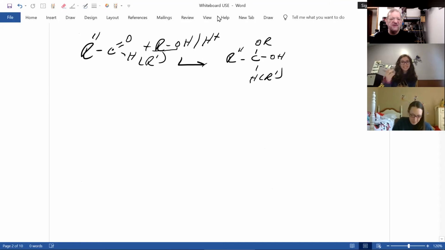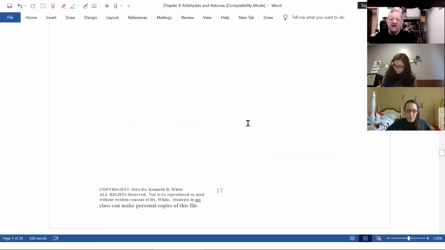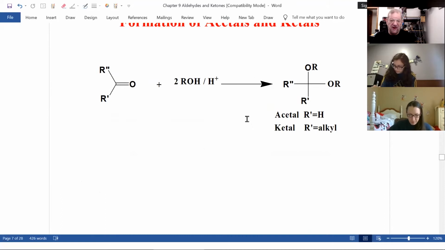All right, let's continue on, because I did want to review this because it's the more challenging area of the semester, actually. Now, another reaction which I covered last Wednesday: you take a ketone or aldehyde, if R prime is H, it's an aldehyde, if it's carbon, it's a ketone, and now two moles of an alcohol with acid catalyst get an acetal or ketal.